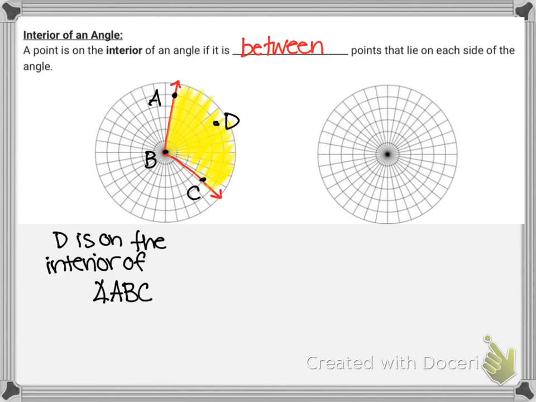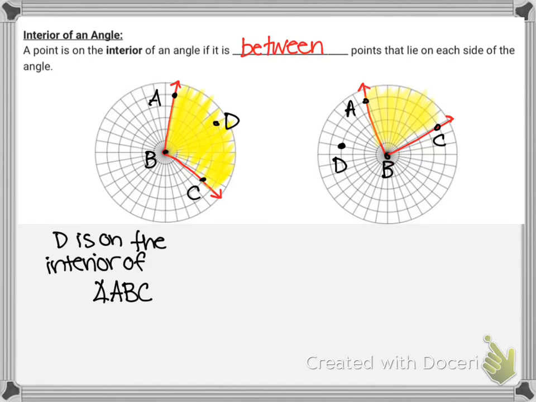And then let's do the opposite. I want you guys to draw an angle ABC where point D is on the exterior. So you can pause me for a second, draw, and then let me play and see what happens. All right, so you're supposed to draw a point D on the exterior of an angle ABC. So I'm going to make it magically appear.